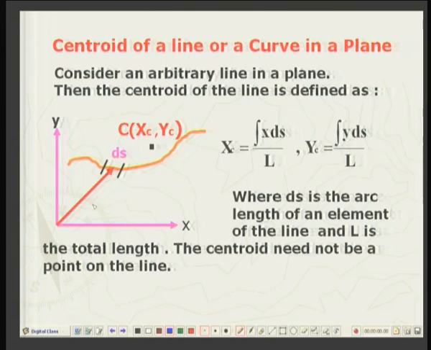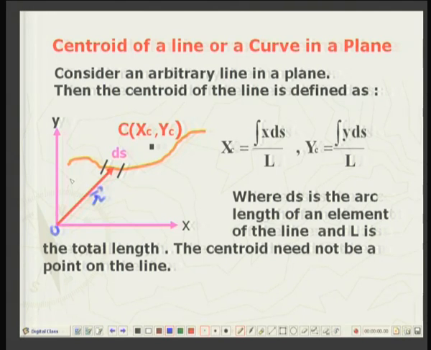So this is vector r whose coordinates are x and y, and this is the origin O. Now by definition and by analogy to the other centroids, we will have xc as the integral of x ds, this is the line integral, divided by the total line length, and similarly yc will be the line integral of y times ds divided by total length L.